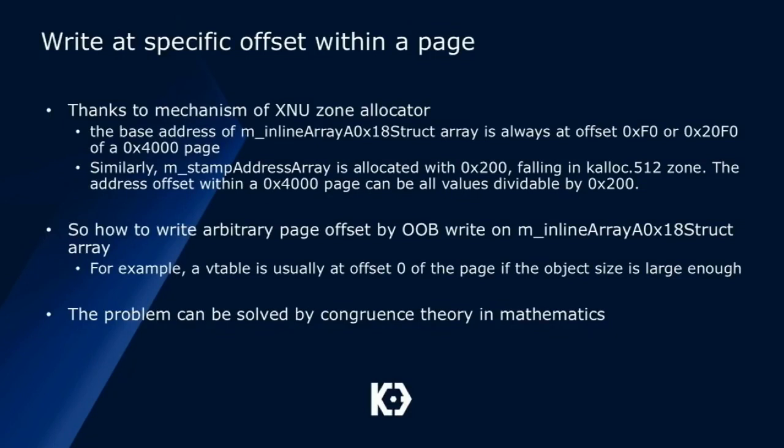And similarly, mStampAddressArray is allocated with 0x200 in size, falling into the kalloc.512 zone. And this address offset within the 0x4000 page can be all values divisible by 0x200. So this is good news.